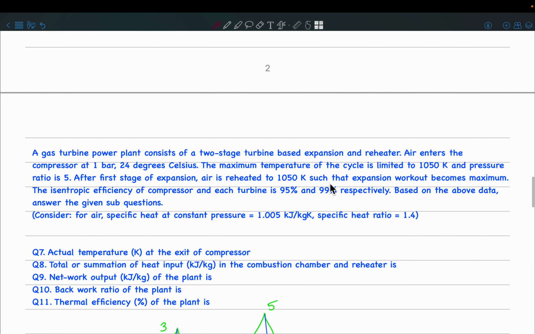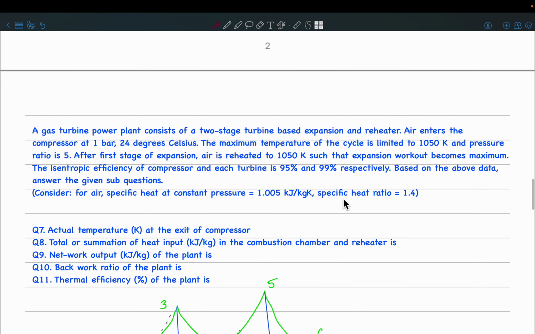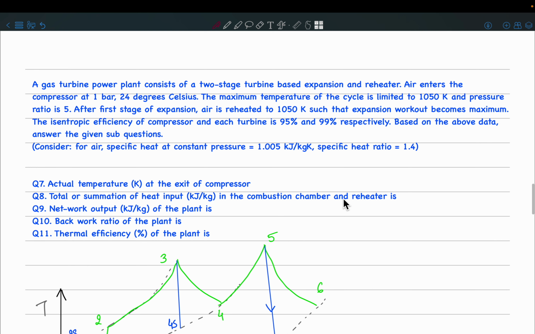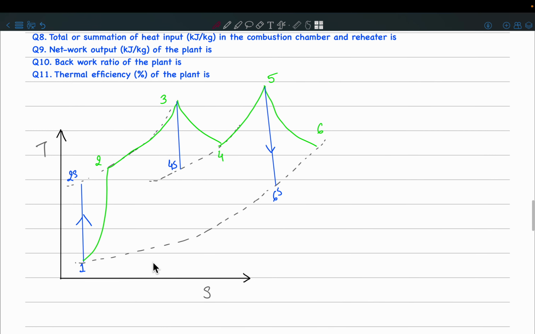Now this is where you will use the equations for real compressor and turbine components. Based on this data you have to calculate the temperature at the exit of compressor and all these questions. So you can see the diagram here and take help of that. This is ideally supposed to be at the same level, 3 and 5, because they will be at the same temperature, which is T max.